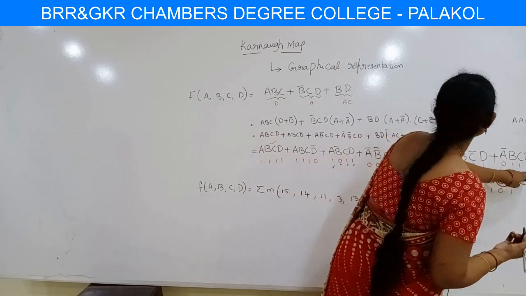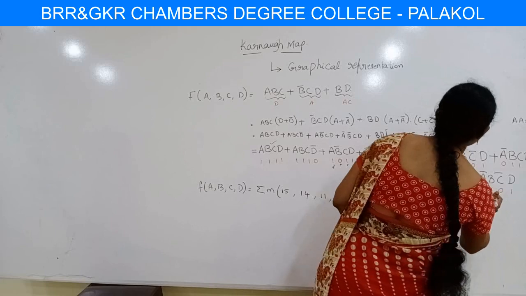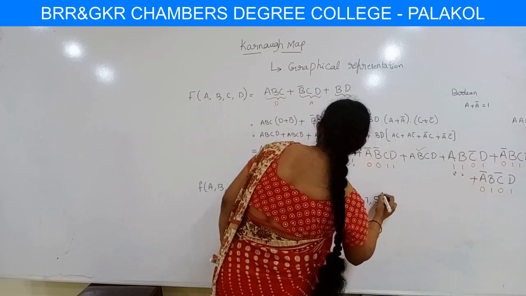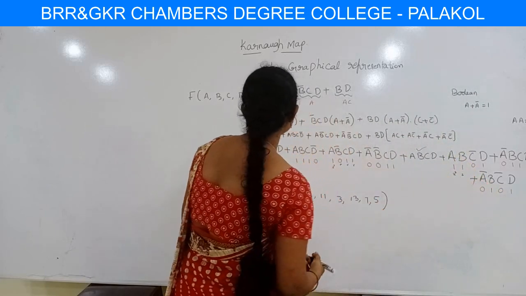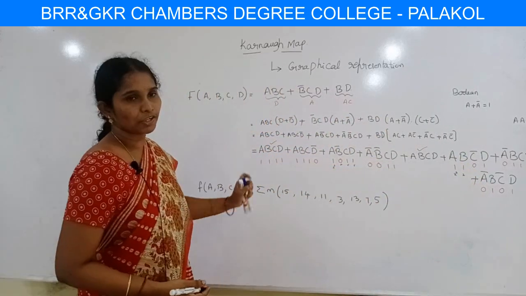Okay, and after that this number is 7, and after that this number is 4 plus 1 is 5. Okay, so here these are the numbers for simplifying this expression.